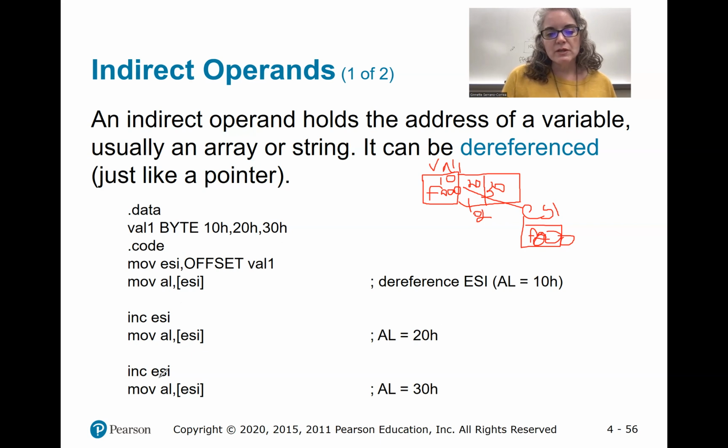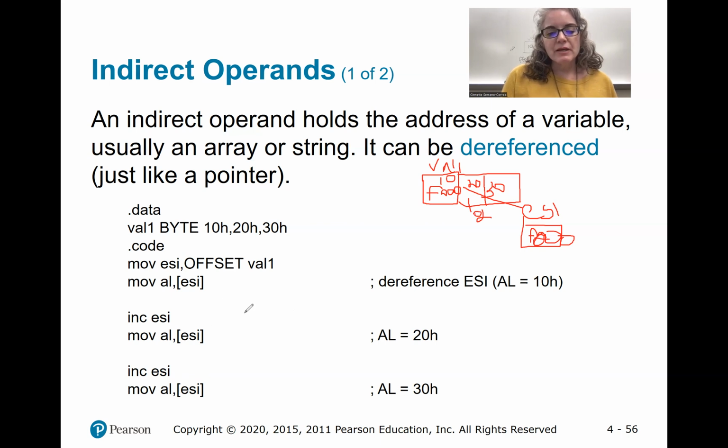We increase it one more time, and we get to the next value, which is 30H. So here what you're doing is adding to the address, because ESI contains the address, and then you're moving the value into AL.